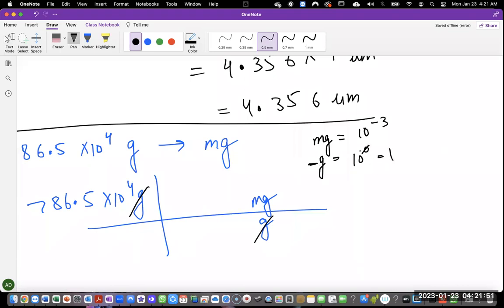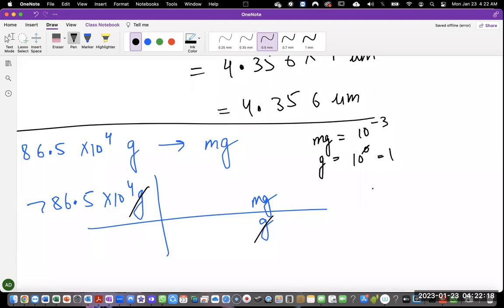And 1 shown in the exponent form is 10 to the power 0. So always remember, whenever there's no prefix, think in your mind as if you have 10 to the power 0, so that you can make a conversion factor and count the jumps when you follow the golden rule. So milligram is 10 to the power -3, grams is 10 to the power 0.